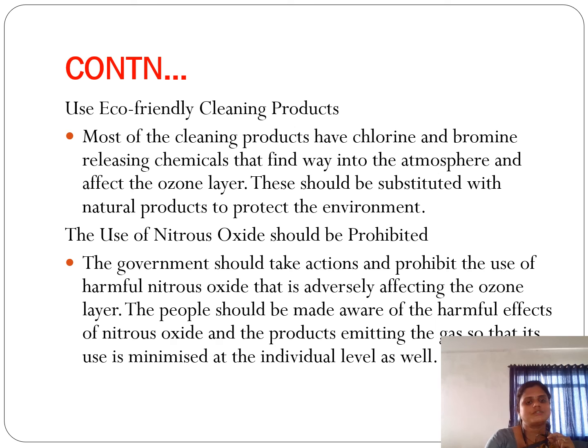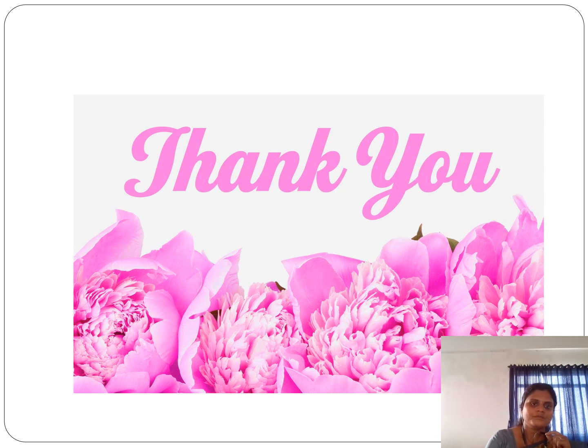And the usage of nitrous oxide should be prohibited. The government should take action and prohibit the usage of the harmful nitrous oxide that is adversely affecting the ozone layer. People should be made aware of the harmful effects of nitrous oxide and the products emitting the gas, so that its use is minimized at the individual level as well.